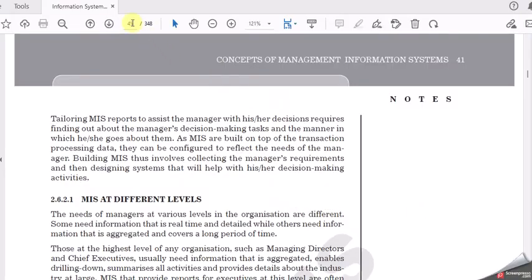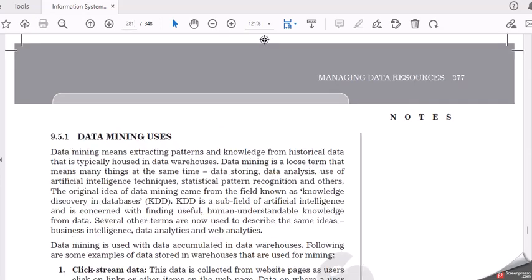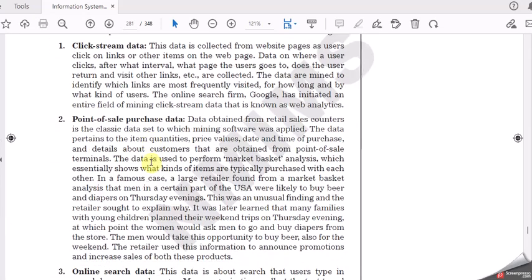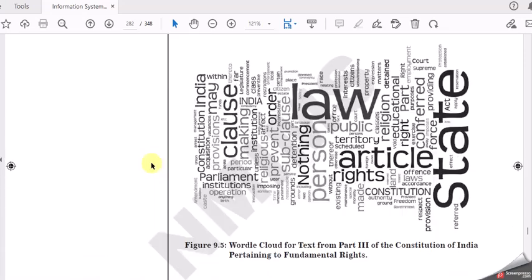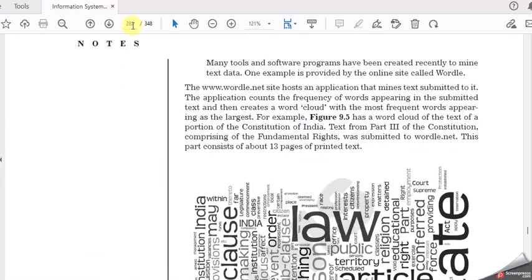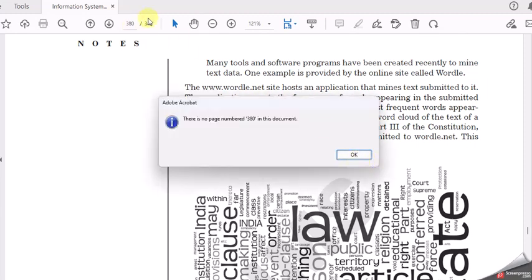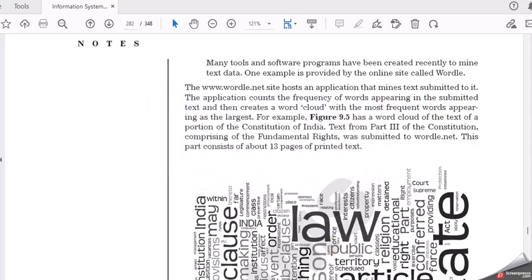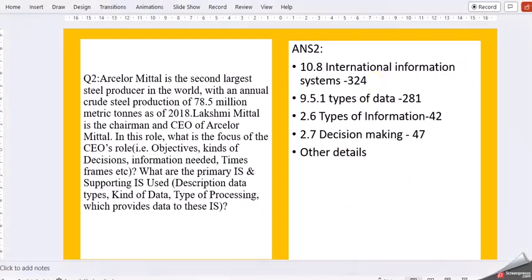Page number 281. Here we have different types of data that have been stored. Then I believe 380. Oh, sorry, it was 324.